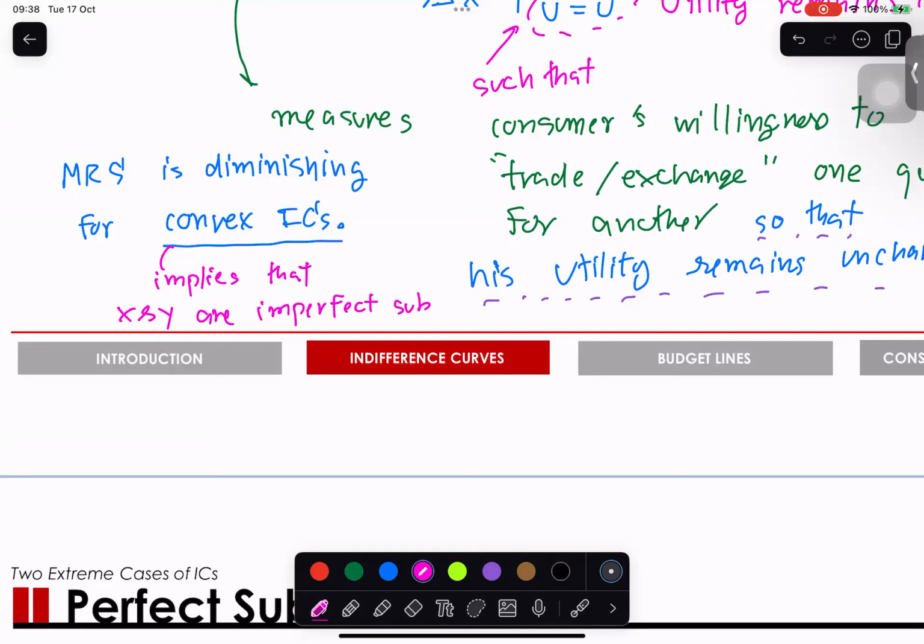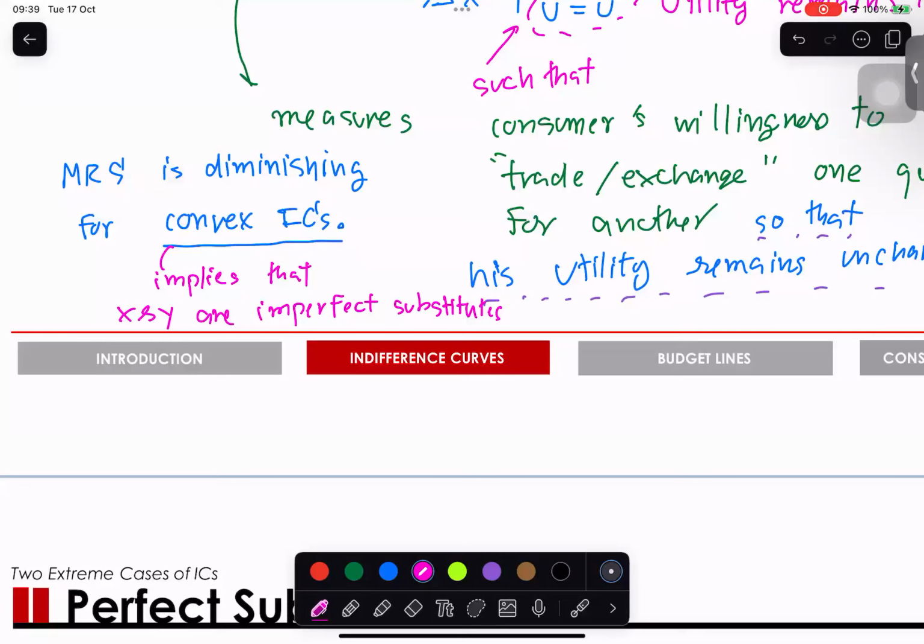Here, X and Y are imperfect substitutes. So now we start to see why economists use the indifference curve to describe preference. So the preference for this person, he regards pizza and Pepsi as imperfect substitutes.